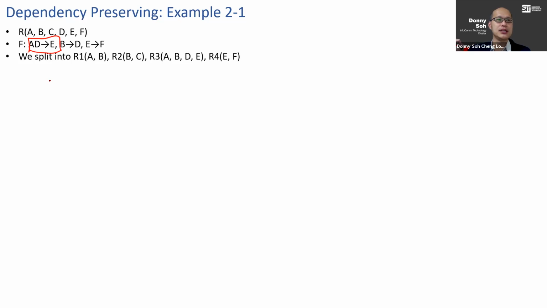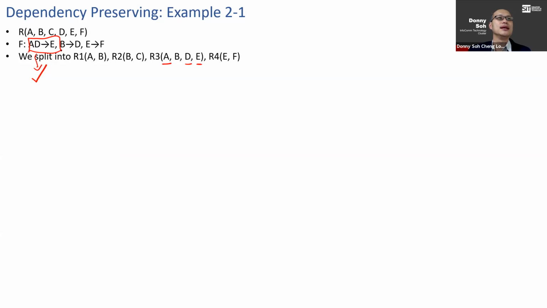We should be able to see immediately that this is preserved because of R3. R3 has A, D, E, and so we are sure that this is definitely preserved.